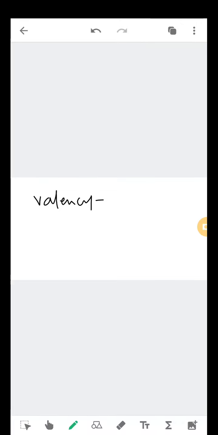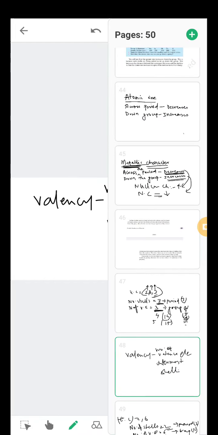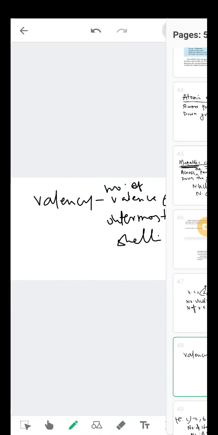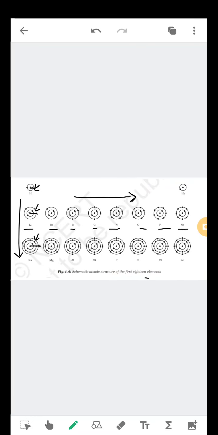What is valency? It is nothing but the number of valence electrons which are present in the outermost shell. That determines the valency of the element. Now how many electrons are there in the outermost shell, that will determine the valency of the element.